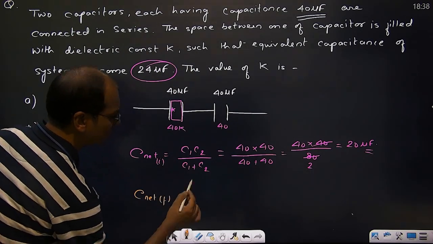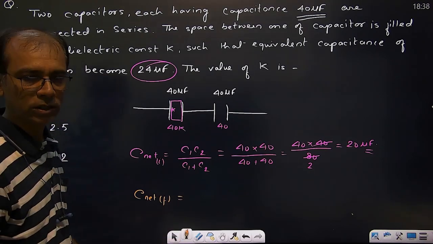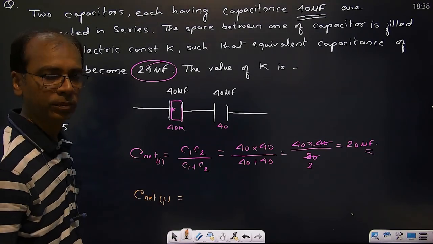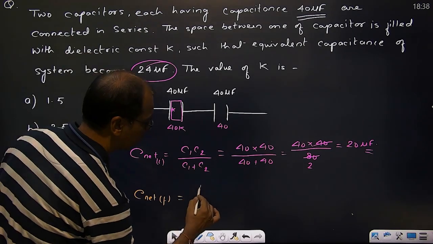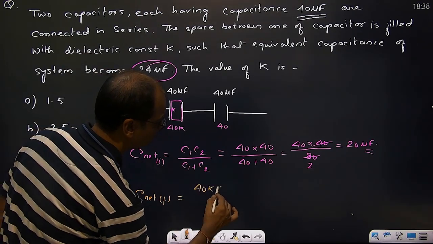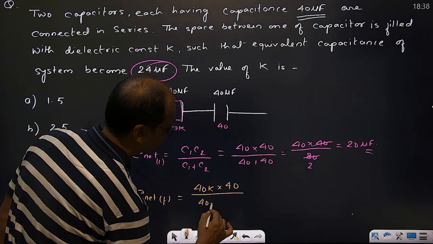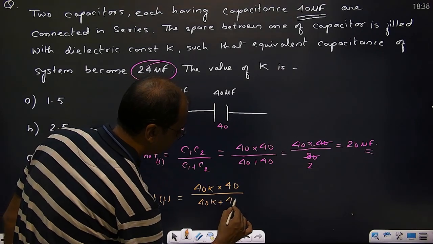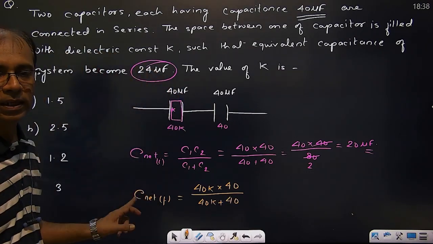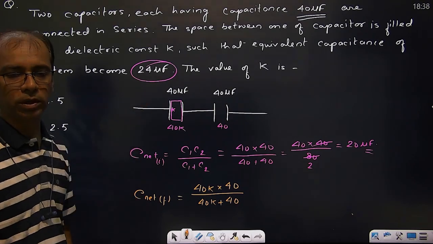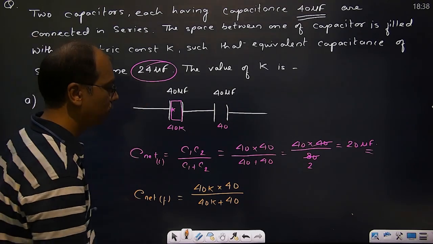The formula is the same, C1 C2 by C1 plus C2, no change because it's a series connection. So 40K into 40 by 40K plus 40, and C net is given as 24.